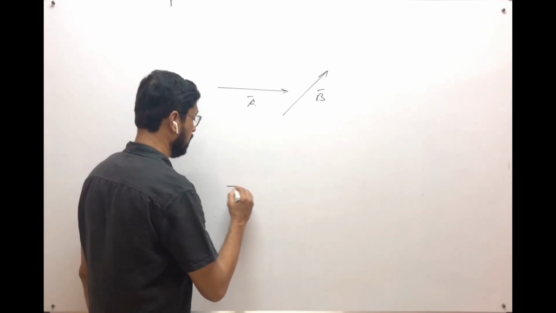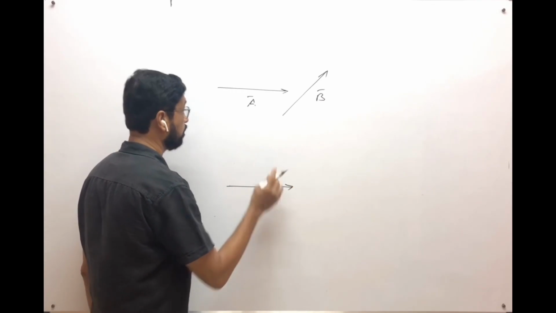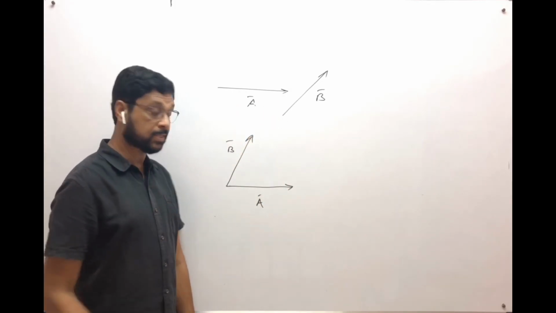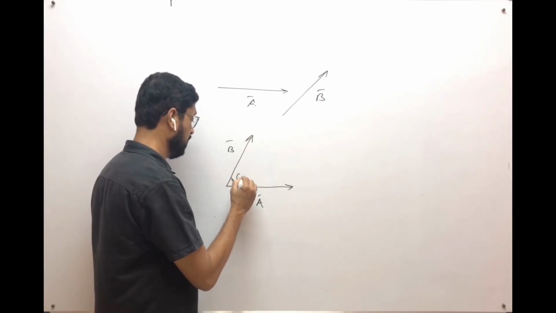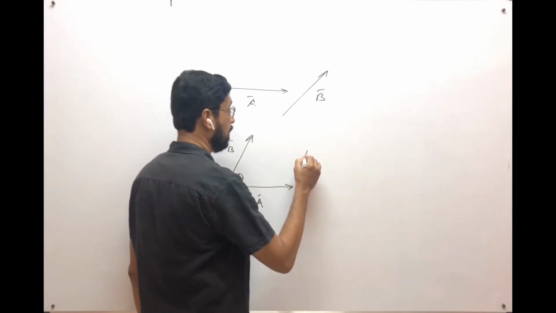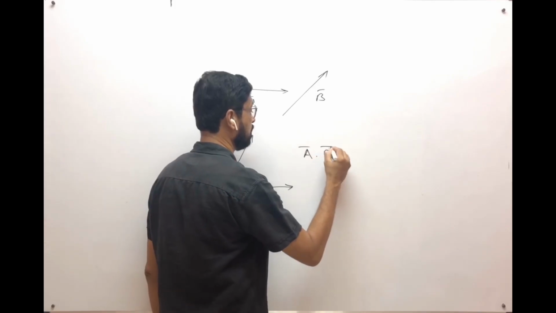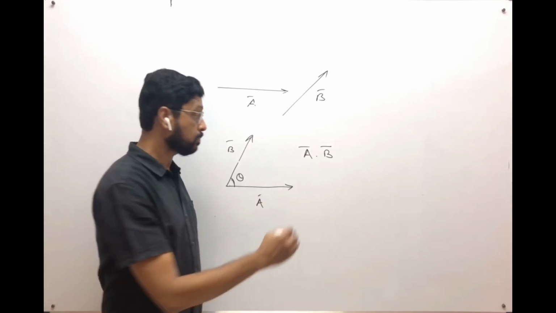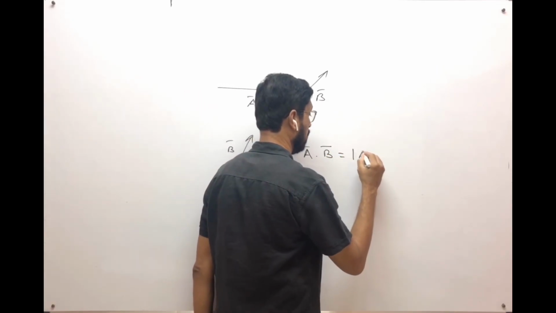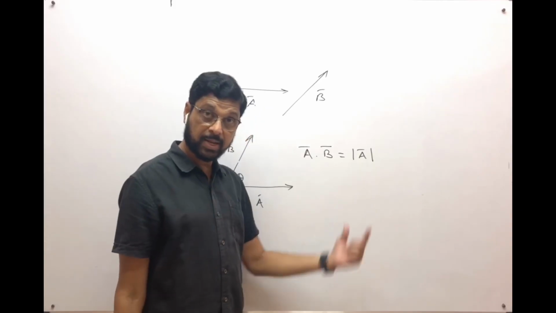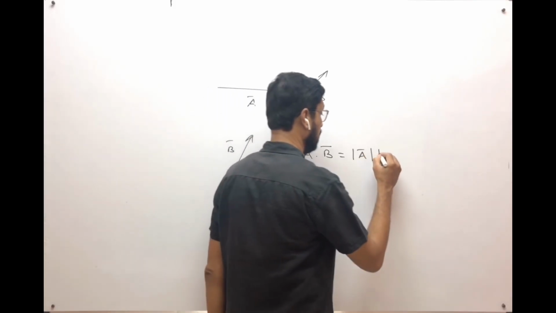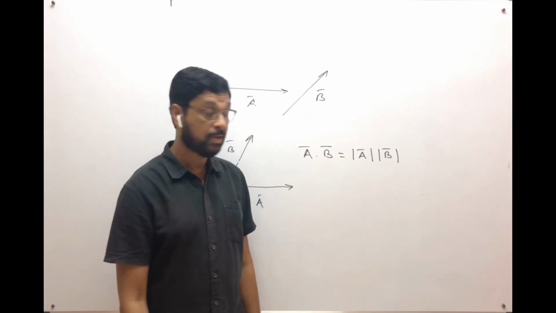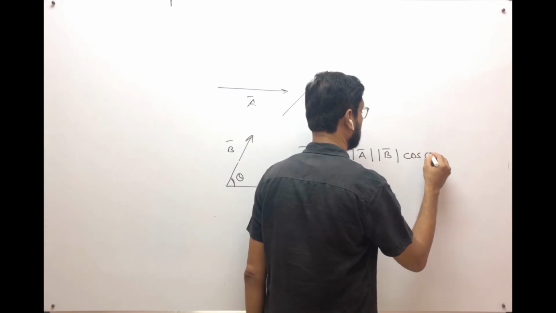So suppose this is vector A, right? And this is vector B, and suppose the angle between them is theta. Then A dot B is defined as A और B का dot product जो है, that is equal to mod A, मतलब magnitude of vector A, into mod B, magnitude of vector B, into cos theta.